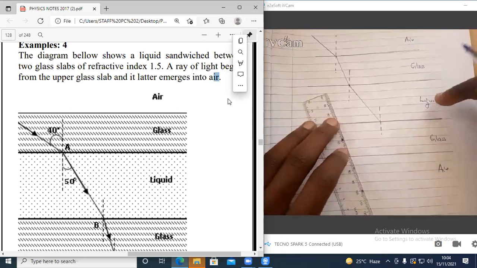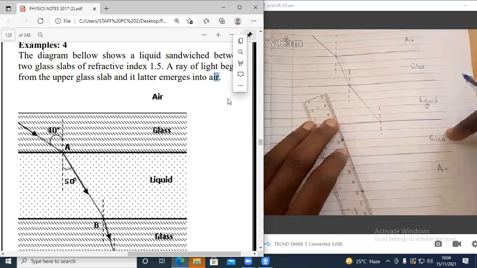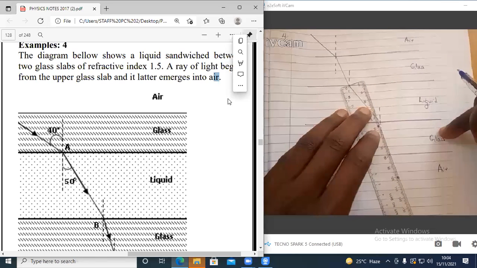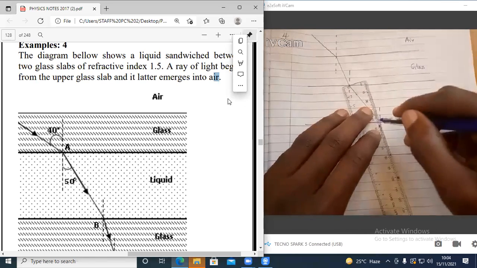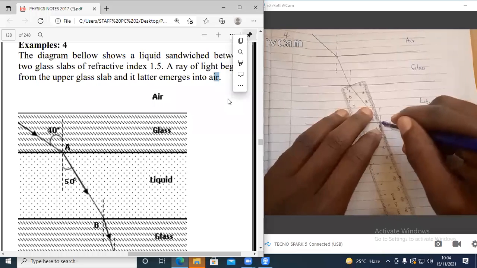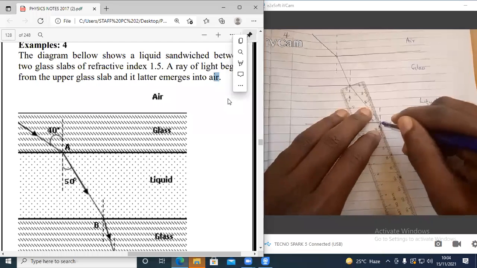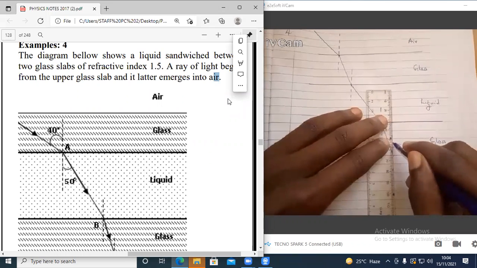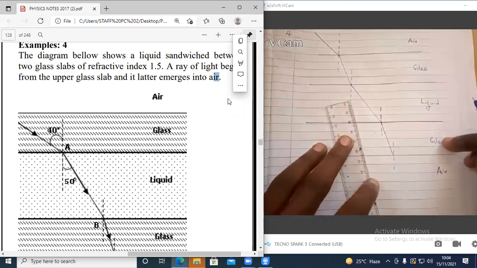Then now we have glass and liquid and glass. What will happen to the light rays, members? Will it bend away or towards the normal? It will be towards the normal. Good. Again, we are here, and then we have glass and air.